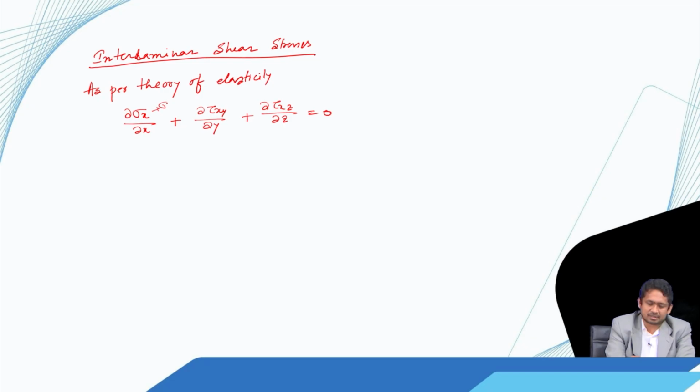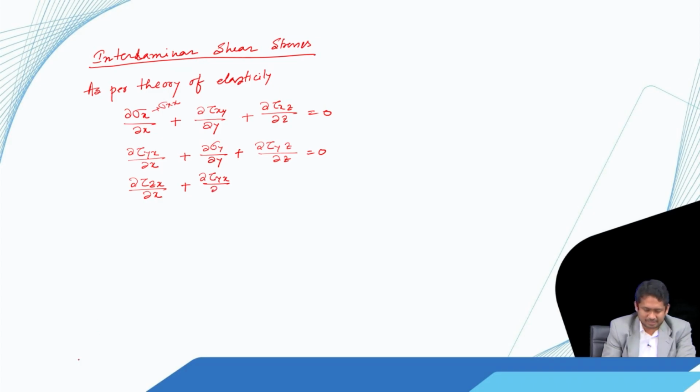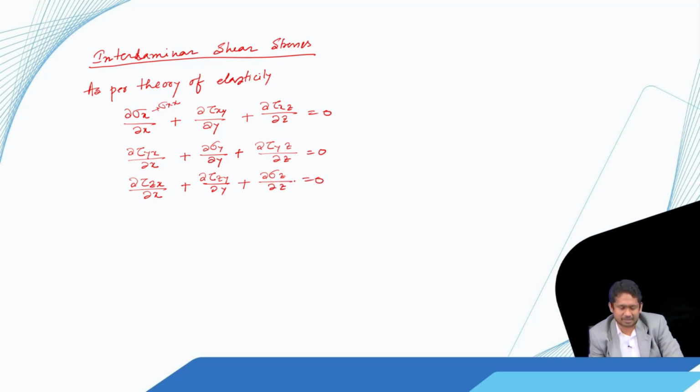Similarly, we know that del tau yx by del x plus del sigma y by del y plus del tau yz by del z is equal to 0, and we have del tau zx by del x plus del tau zy by del y plus del sigma z by del z equal to 0.